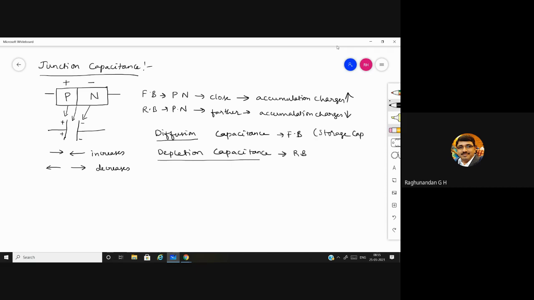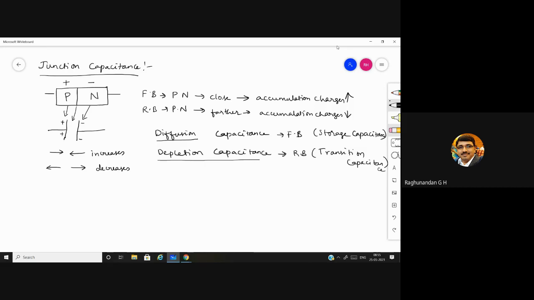In exam, they can ask you to explain what is storage capacitance, and in the same way, depletion capacitance, we have one more name: transition capacitance. These are the two names we have: diffusion or storage capacitance, depletion or transition capacitance. These are the two behaviors that are exhibited by the diode.